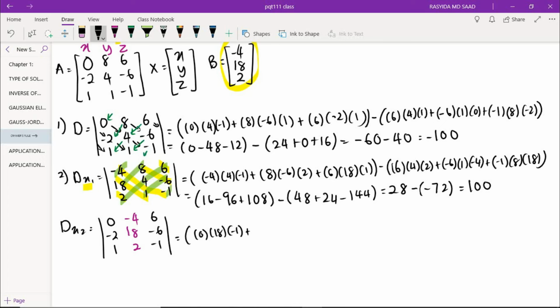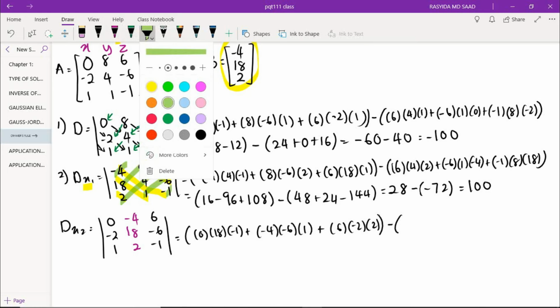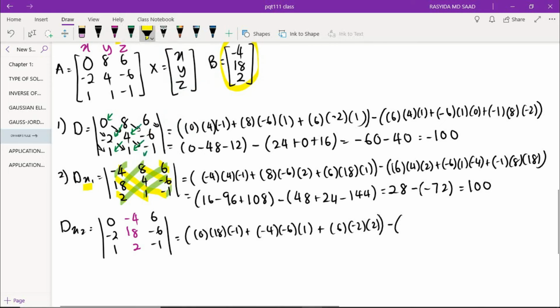And then this one, negative 4 times negative 6 times 1 plus 6 times negative 2 to minus, remember, this here to here and here to here.